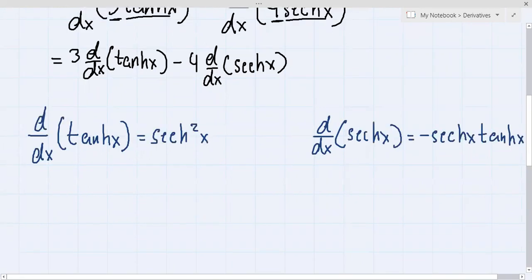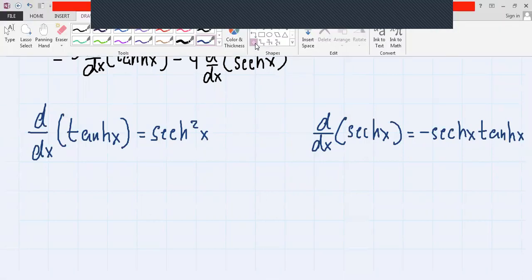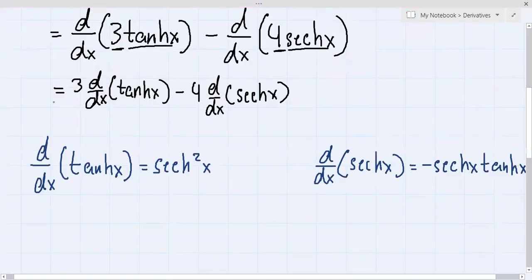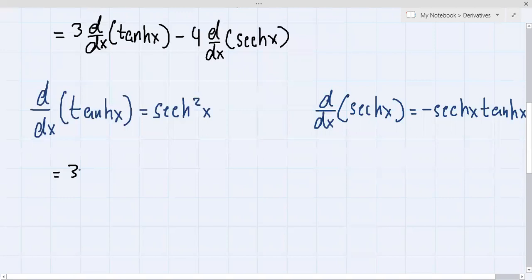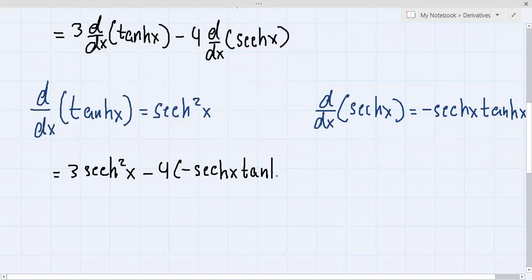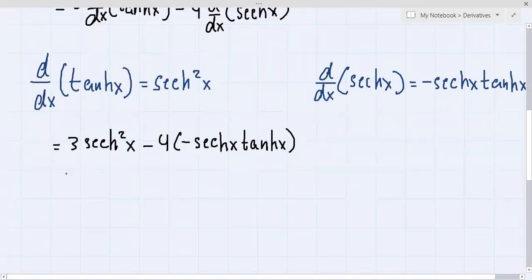Okay, that's it. So, with that being said, we can now substitute or basically evaluate. So, we have 3 times the derivative ng tangent hx, which is secant h squared x. So, we will have this one minus 4 times the derivative ng secant hx, which is negative secant hx times tangent hx.